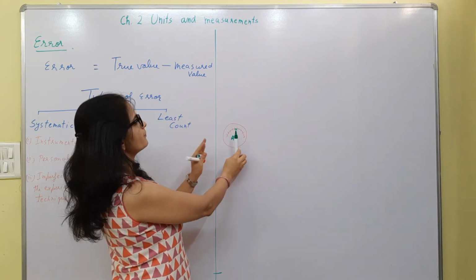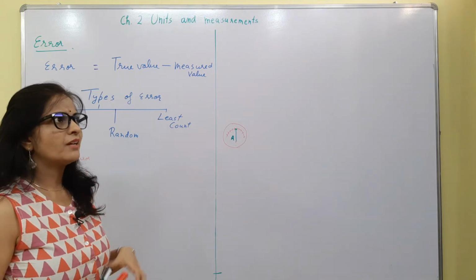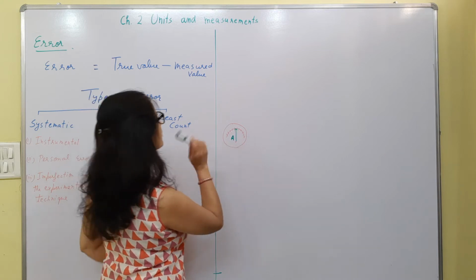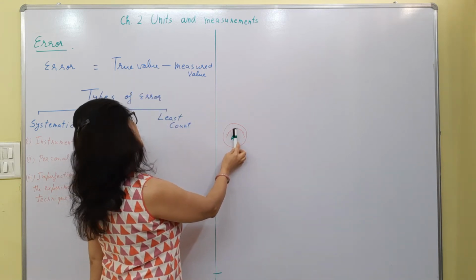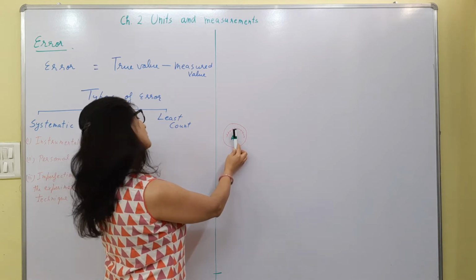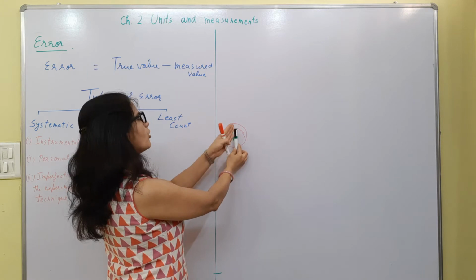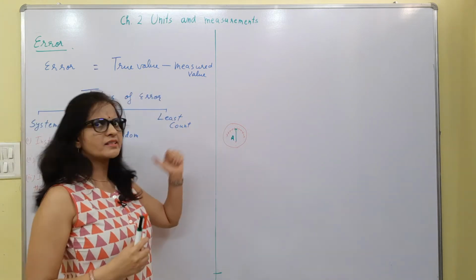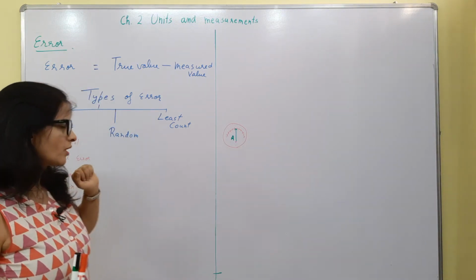Due to my different location, if I am in the habit of keeping my head on one side, I will always take the reading wrong, because I have to keep my head just above but I am in the habit of keeping it slightly sideways. That results in personal error, right?